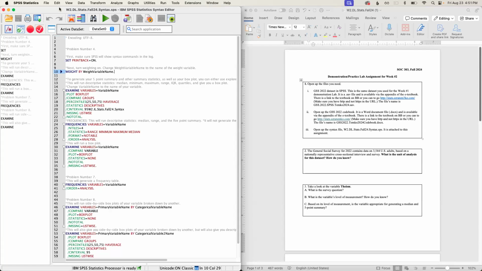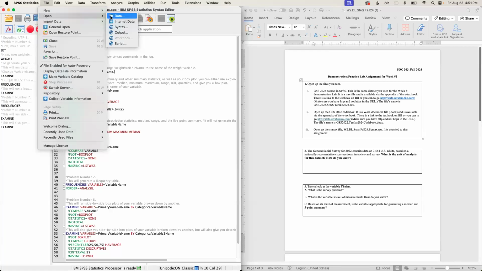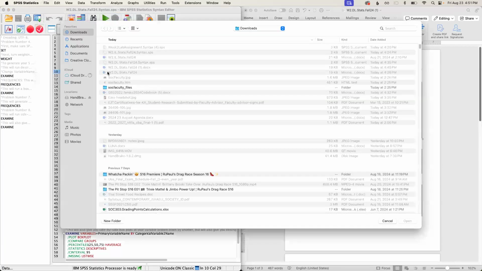And if you ever have trouble when you try to open a data set by double clicking on it or whatever else, the more foolproof way to open a data set is, once you have SPSS open, to go File, Open Data.